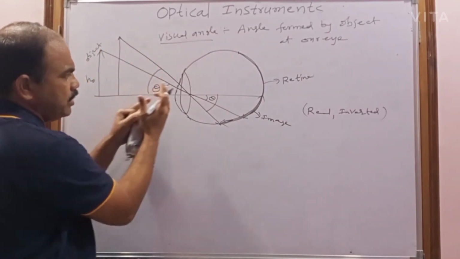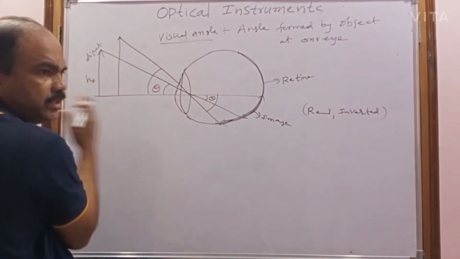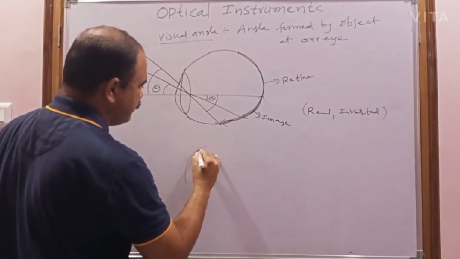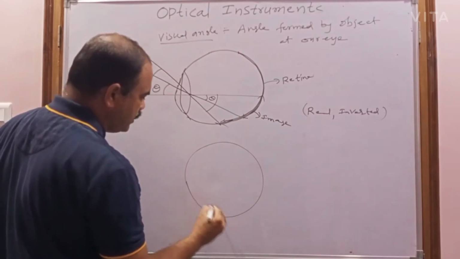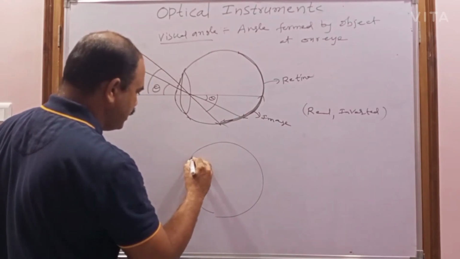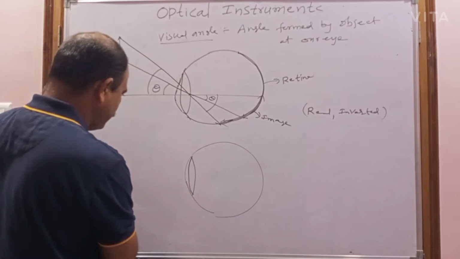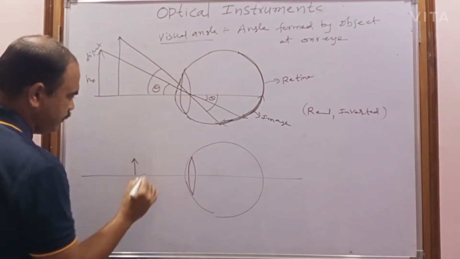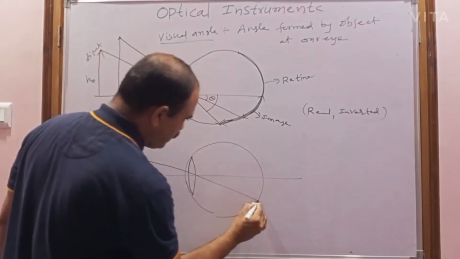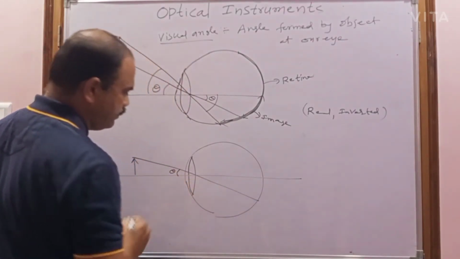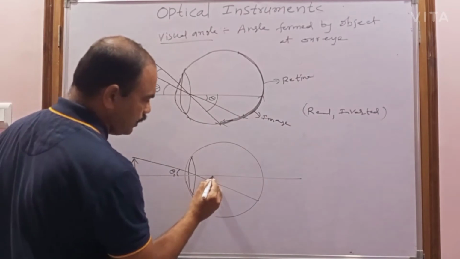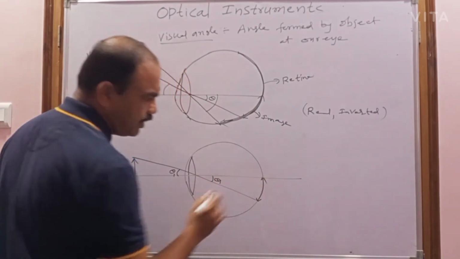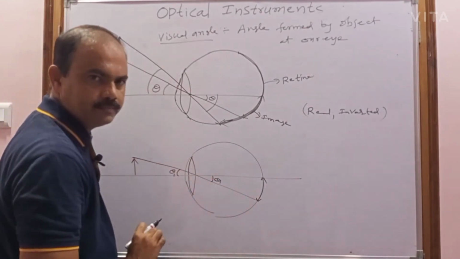and the visual angle also changes with the distance. For example, consider this is our eye, and this is our eye lens. Now if the object is here, this is the visual angle, theta 1, and this is the image formed on the retina for this object.